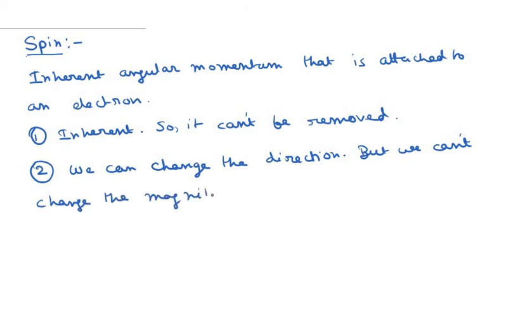From this you can already understand that spin is a very fundamental property of an electron, and it is attached to an electron. You can change the direction, you can change the orientation, but you cannot change the magnitude of the spin. It is an inherent property of the electron.